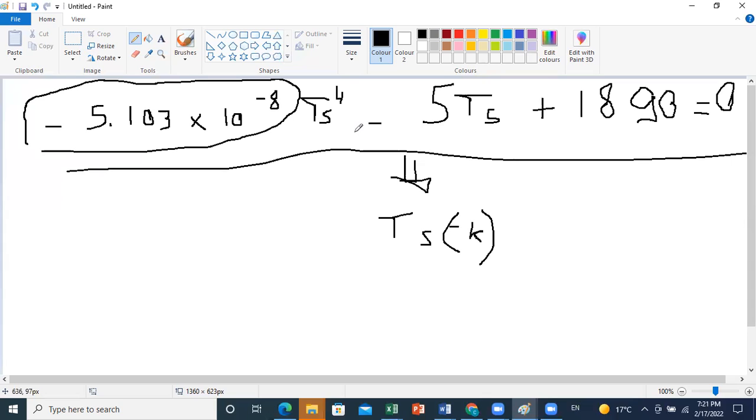Depending on the value of the surface temperature and depending on the emissivity and Boltzmann constant, this term might be influencing the equation or not. So when you solve for the value of TS, you can compare the actual value with the one obtained by neglecting the radiation effect.